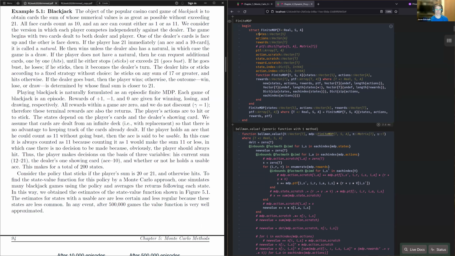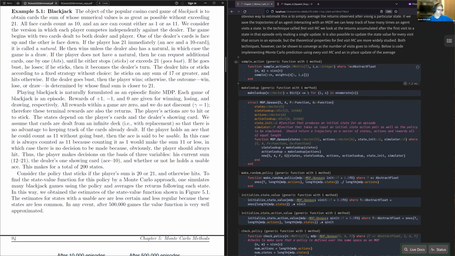In this case, these are all finite and small enough that it's manageable on a computer. Really these four things are what are necessary for these MDPs, including the probability transition function, and you can represent it a lot of different ways. Here it's a 4-dimensional array because there are 4 inputs, but it contains all of the probabilities.